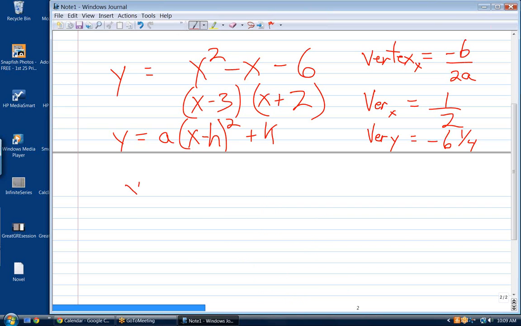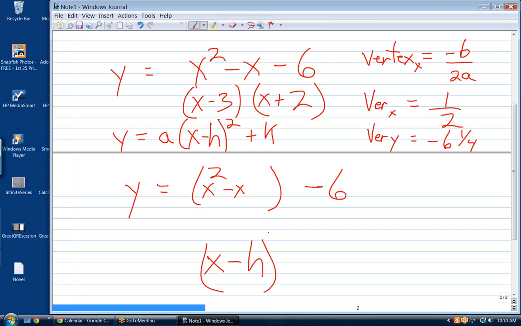How do you complete the square and stuff? Okay, so first of all, a is 1. So let's work with this part. I haven't changed it yet. What I'm trying to do is complete the square of the inside so that I can represent it this way.